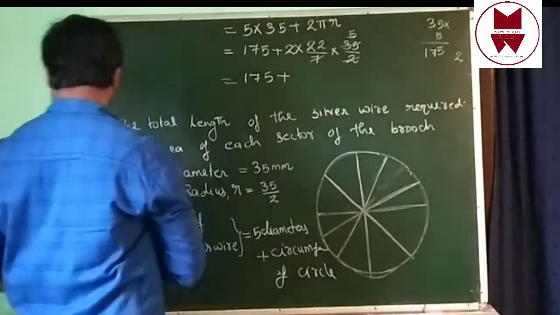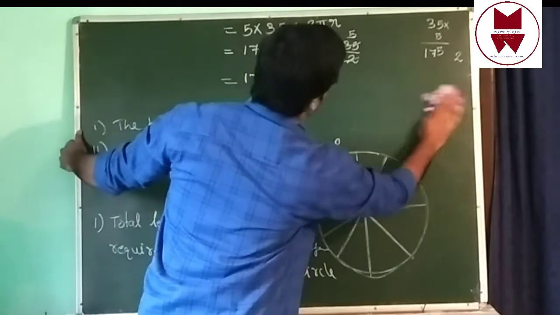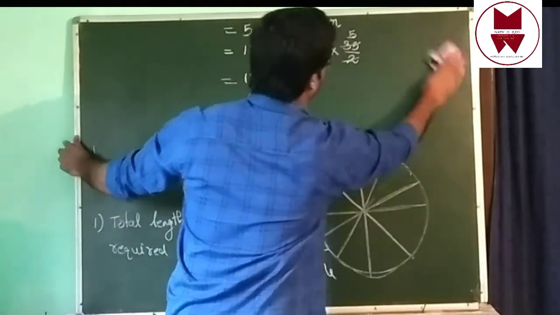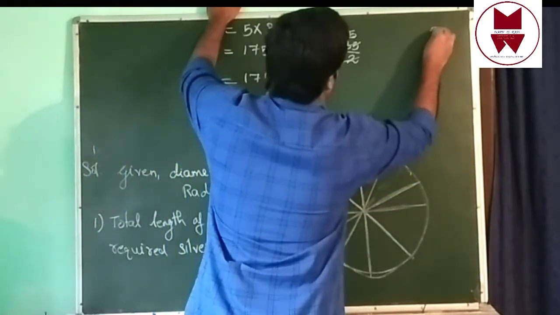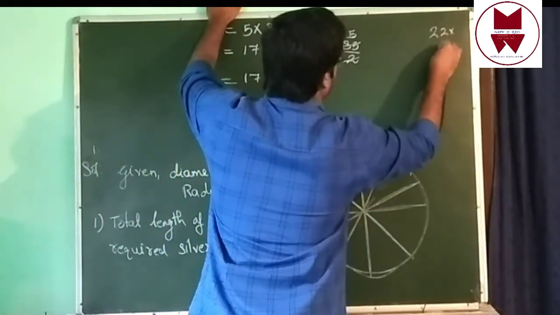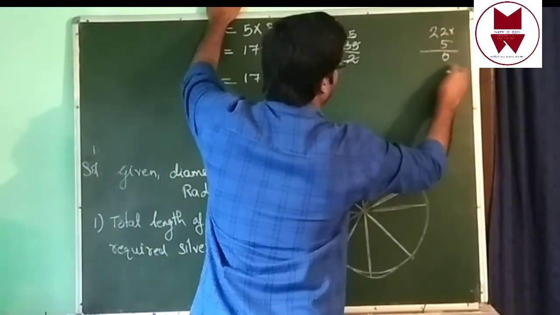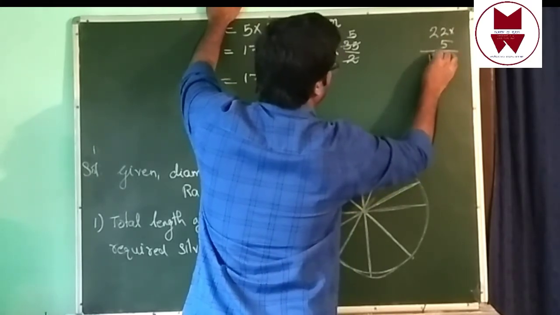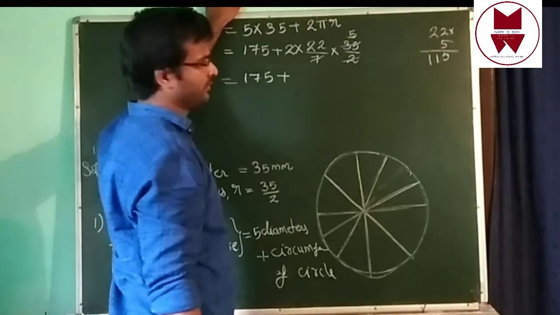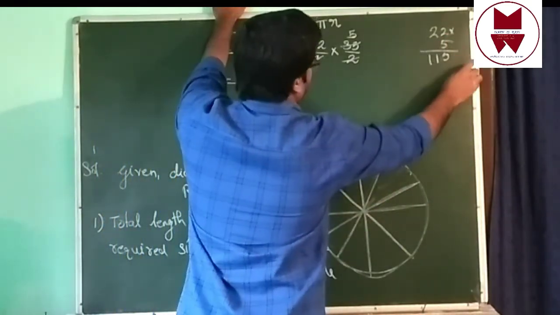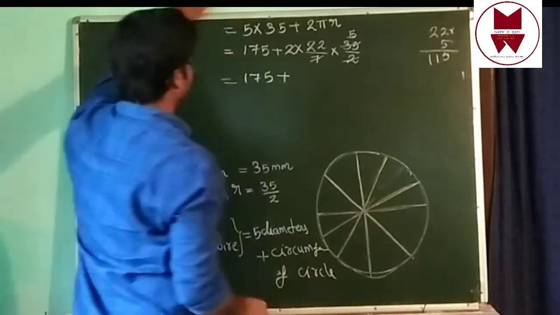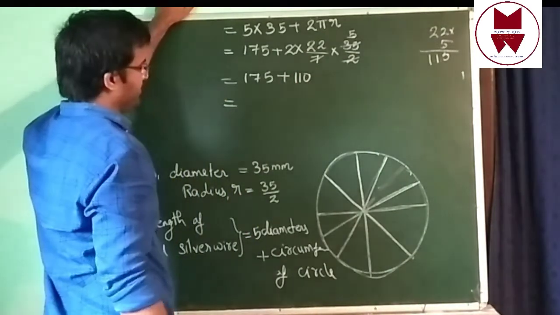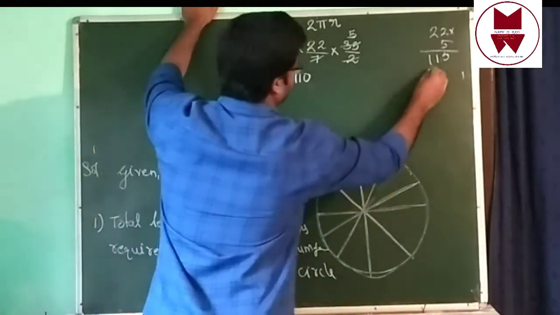Plus, multiply 22 and 5. 22 into 5, 110. So we get 175 plus 110.